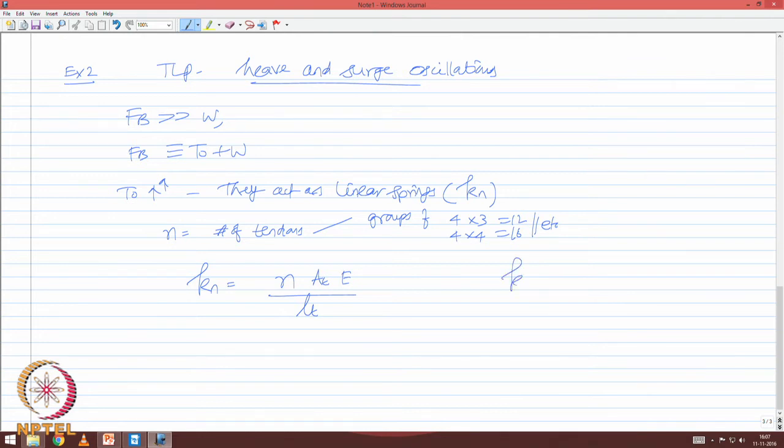We all know linear stiffness is simply A E by L. So, A t in this case is area of each tendon, n is the total number of tendons. So, that makes the total area, E modulus of elasticity.